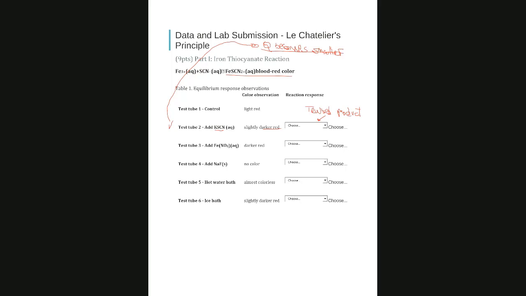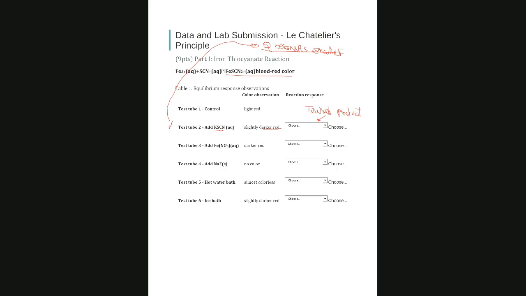Any questions there? And you will have to answer that for 2, 3, 4, 5, and 6. I have a question. Yes. So basically what you're saying is the darker the color gets, the more it will shift towards that side? Right. The darker the color is, the higher the concentration of the product.